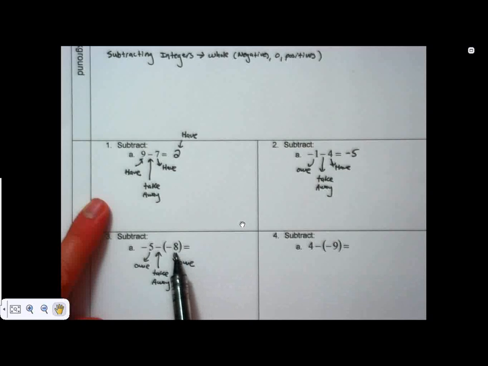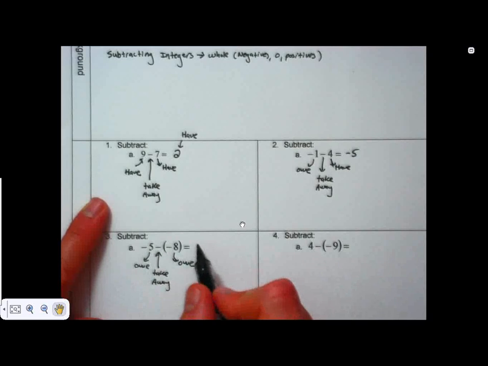In other words, the store is giving you back $8. They're giving you an $8 credit, which makes you $8 richer than where you started. So if we began by owing 5, and then somebody takes away $8 of our debt, we're now $8 richer than when we started, so that puts us at having $3.